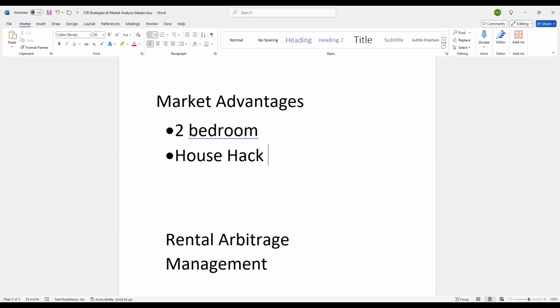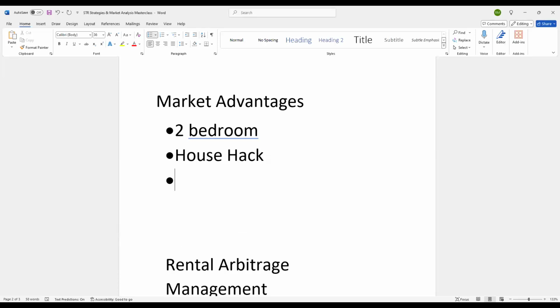You may already have a property that is house hackable, that you're currently living in, that just needs a little conversion. All of a sudden you're living in a property for free, because you can generate revenue from the portion of the house that you rent out as a short-term rental, and that monthly revenue can cover all of your expenses and then some. Like I mentioned, it's a good strategy with acquisitions because you've got that flexibility, especially if it's a property you're able to live in at the same time.